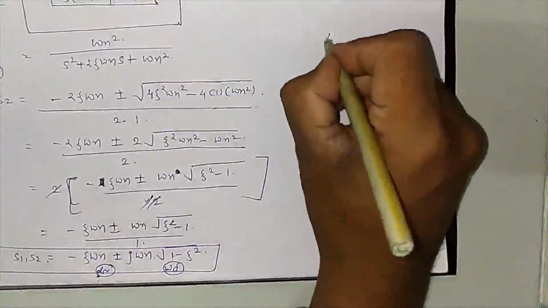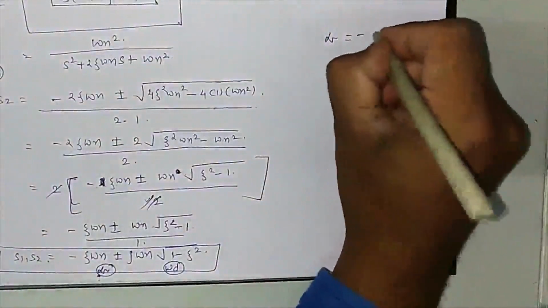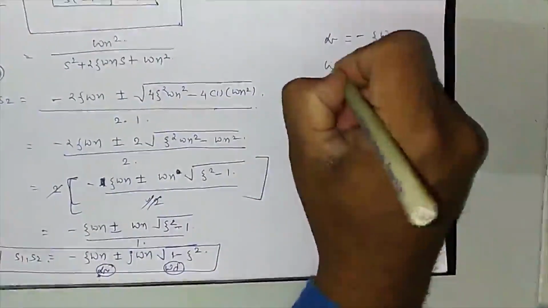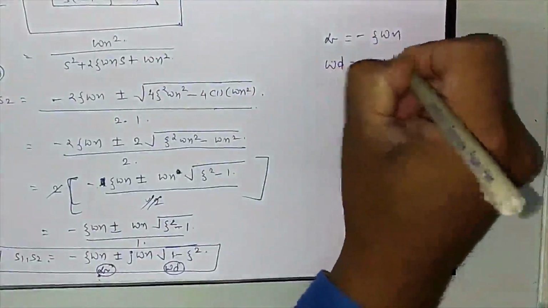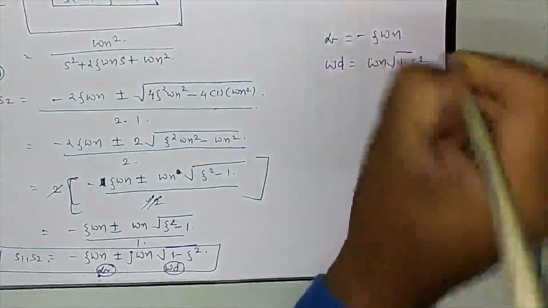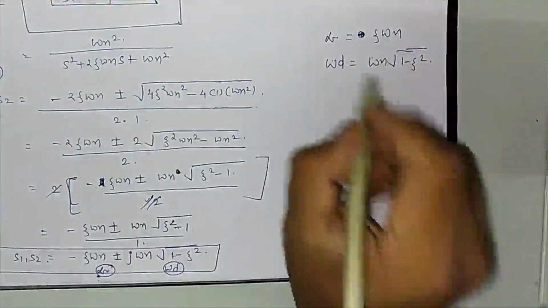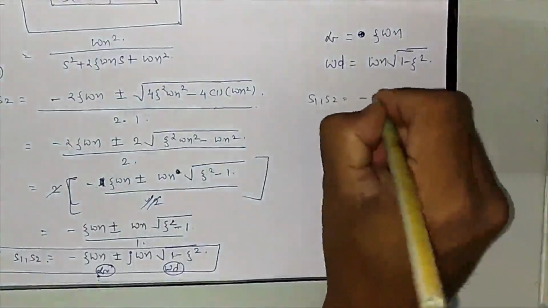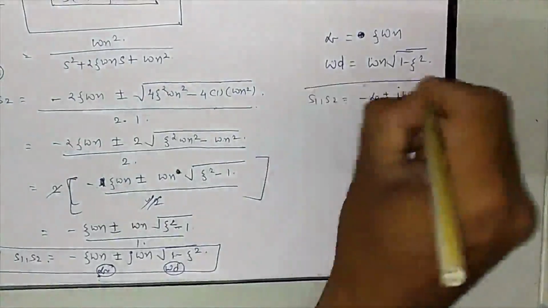So right now I am writing alpha is equal to minus zeta omega n and omega d is equal to omega n under root 1 minus zeta square. So your s1, s2 will be minus alpha plus or minus j omega d.